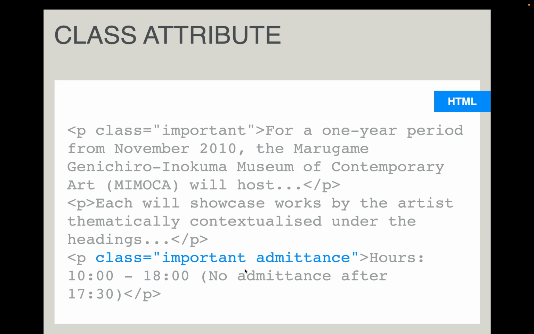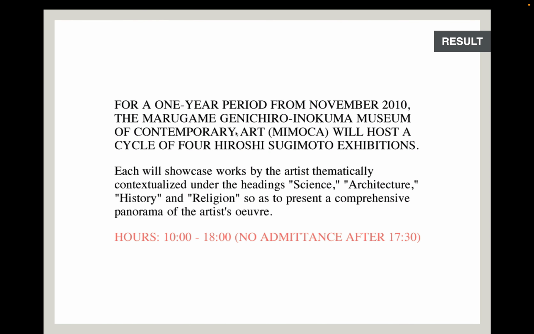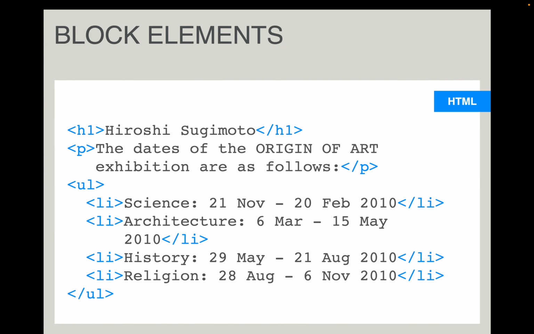And if there are different styles defined for things that are important, things that are about admittance, this would get both of those styles. And I think they'll show you that, where important must be all caps and admittance is red. So you get all caps and red down here. So more on that later, but both of these are just ways for us to hook into our HTML and apply styles selectively from CSS.